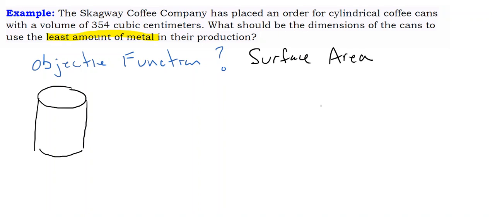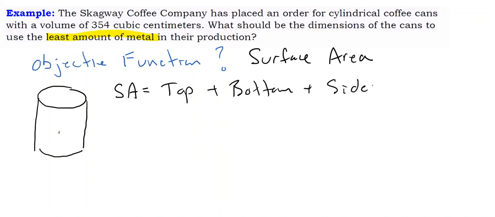Well, how do we find the surface area of a can? The surface area of the can consists of three parts: the top, plus the area of the bottom, plus the area of the sides. The surface area of the top, if we look at the top of the can, is a circle.